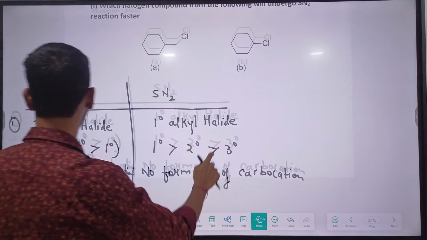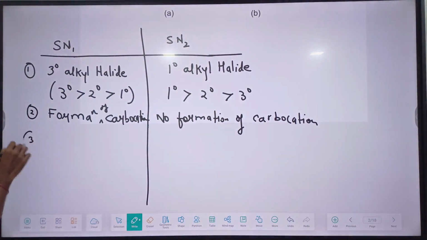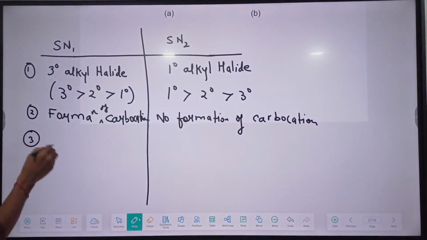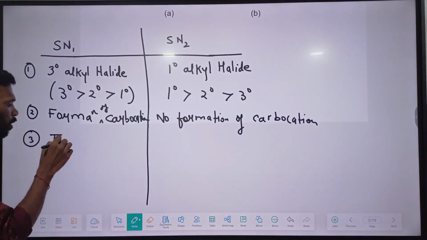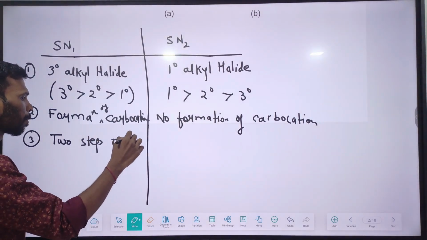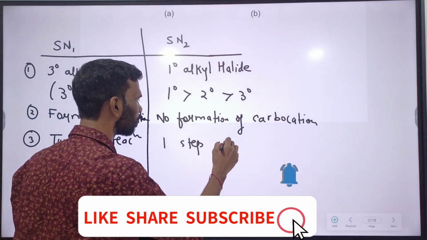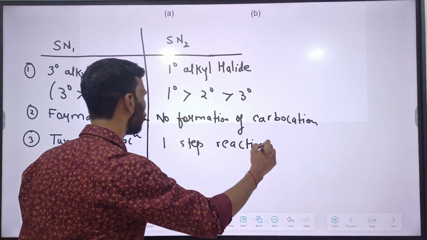So this is the thing. Then a third difference: SN1 is a two-step reaction, and SN2 is a one-step reaction.